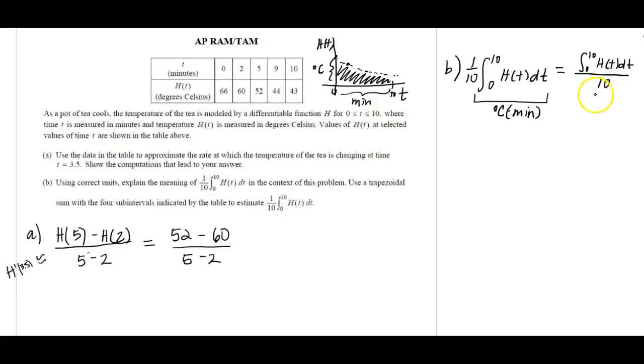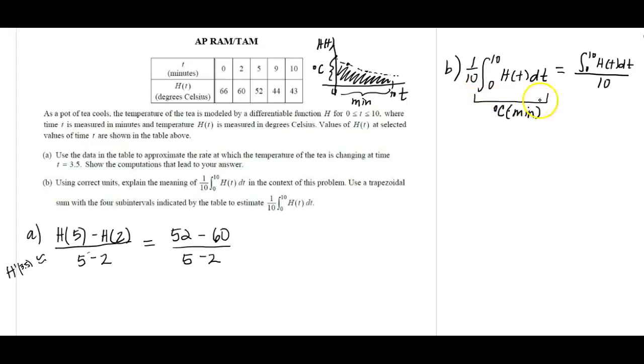So when you think about what happens when I add two numbers and then divide by 2, well, I found an average. So in this case here, that's what I have found, is an average. The integral from 0 to 10 is I added up everything from 0 to 10 and then divided by 10, which creates an average. But an average what? So now we're going to keep going with our units. So 10 is that amount of time that has passed.